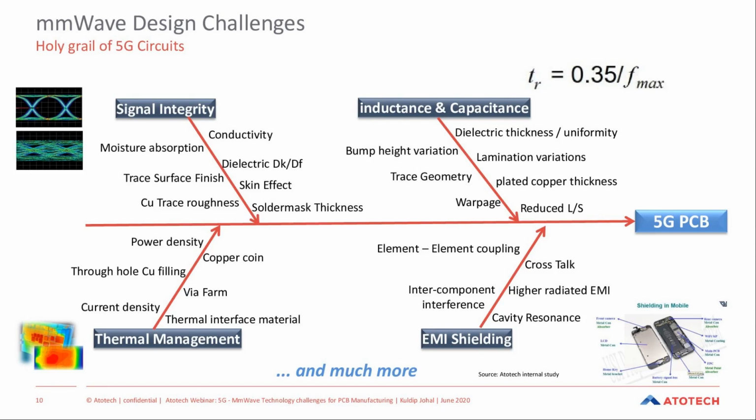So if I take this and break it down into the four main categories, the first one is signal integrity. This essentially ensures that the signal that is moved from point A to point B is transmitted in sufficient quality and integrity to allow effective communication. The next challenge is inductance and capacitance.